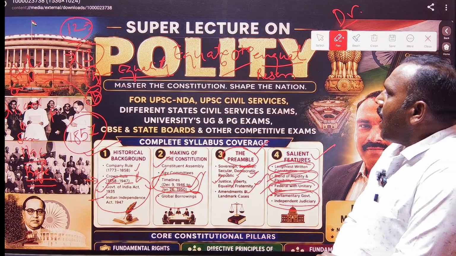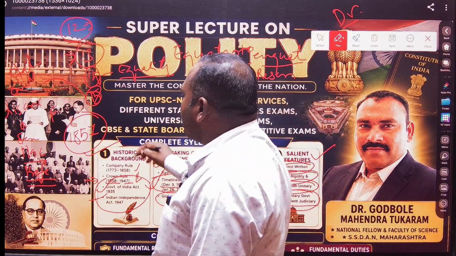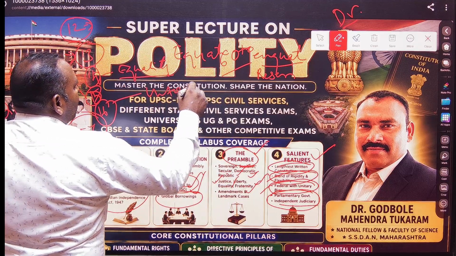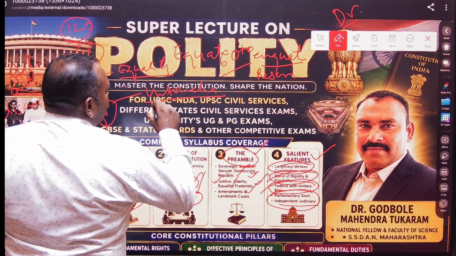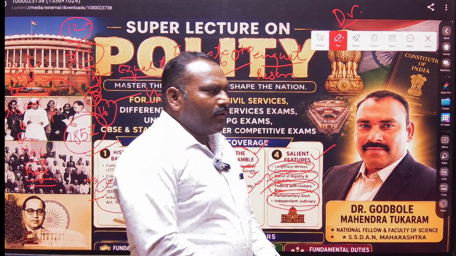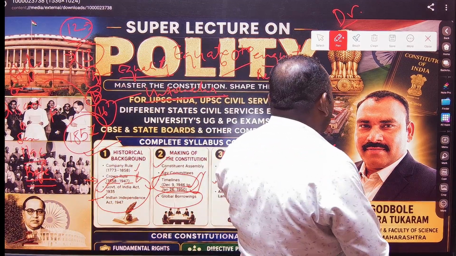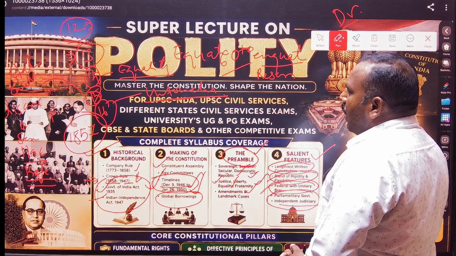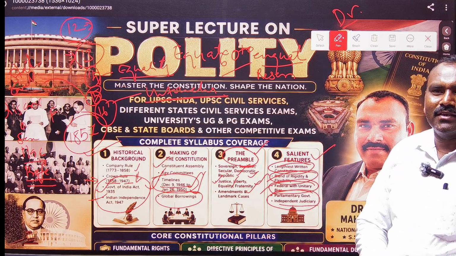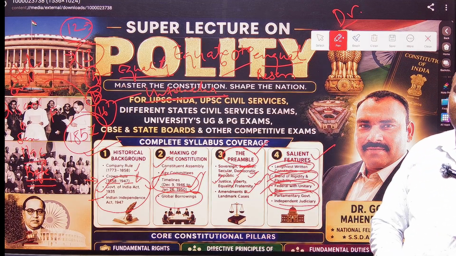Article 16 and Article 17 abolish untouchability. Untouchability was a very worst form of social practice. It was abolished by the Indian Constitution, and we will discuss all these things in detail under fundamental rights. Article 12 to Article 35 are the fundamental rights.